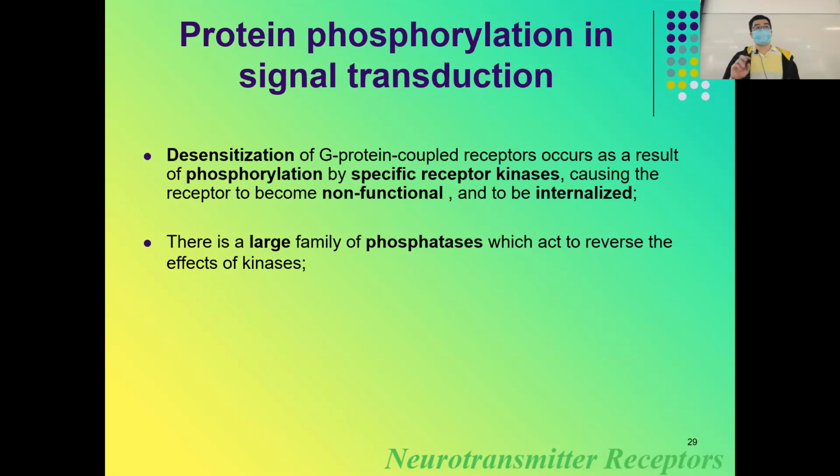Now, phosphatase is different, it just removes the phosphate group. But how it is being activated and how it is being controlled is less well studied. So if you look at some of the papers, usually there is more study on the kinases.